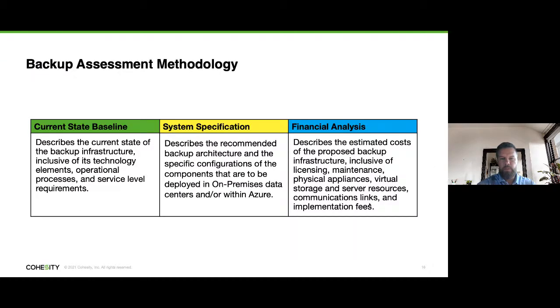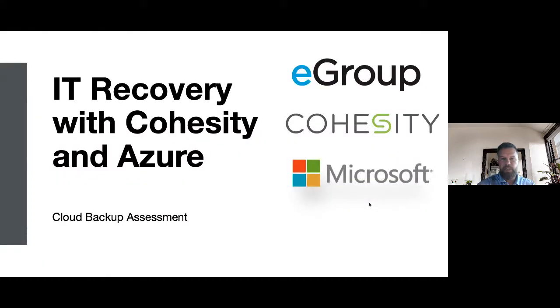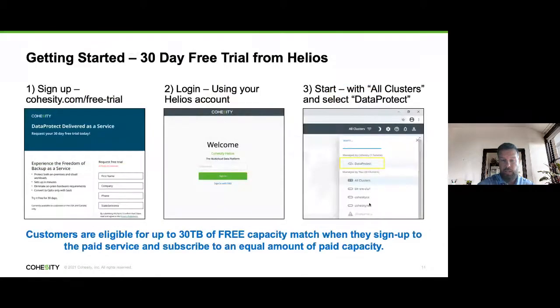So just before we jump into the cloud backup assessment methodology, it seems like with a simple completion of an online form, customers can get access to the trial evaluation, right? And there's no hardware involved. Pretty straightforward, right? That is an accurate statement.